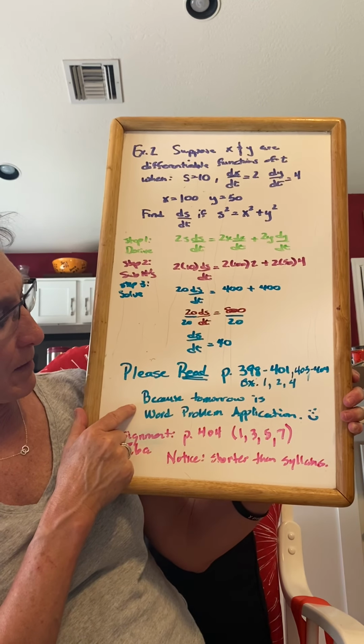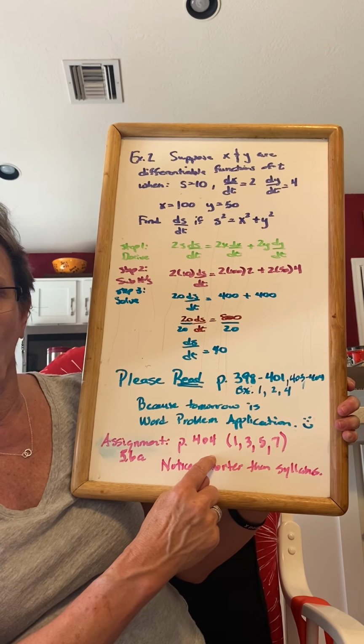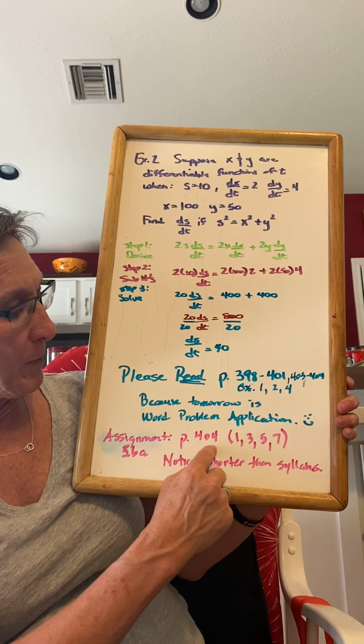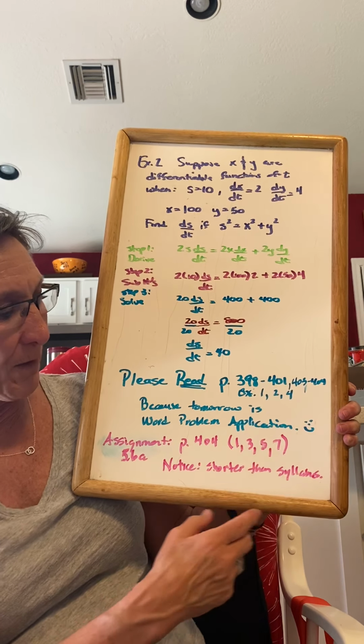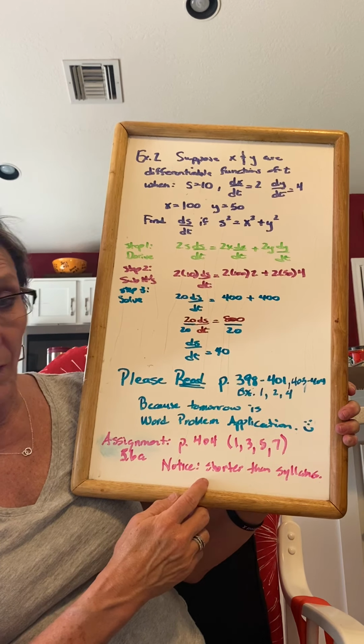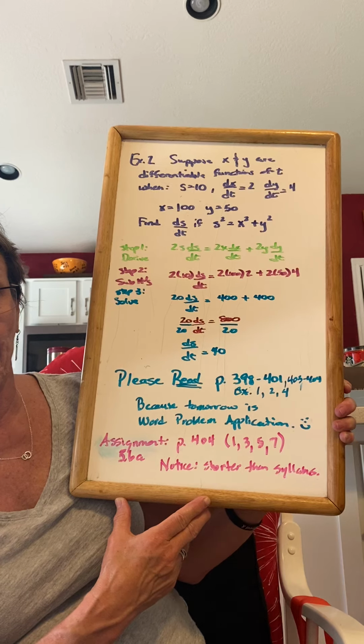Then, because tomorrow is all word problems, your assignment tonight is only 4 problems. I'm going to call it 5.6a, page 404, 1, 3, 5, 7. That is different than the syllabus, so you're going to turn it in with the syllabus, though.